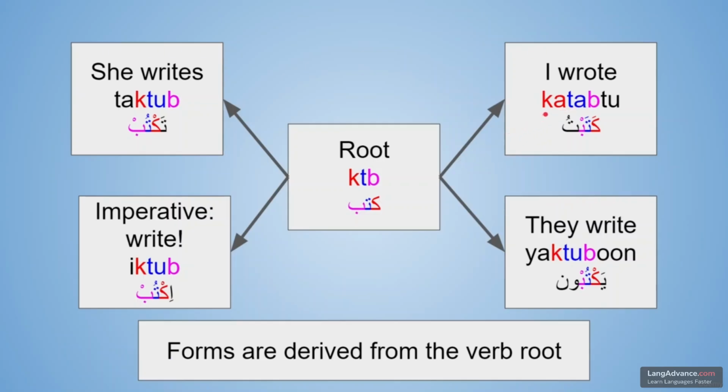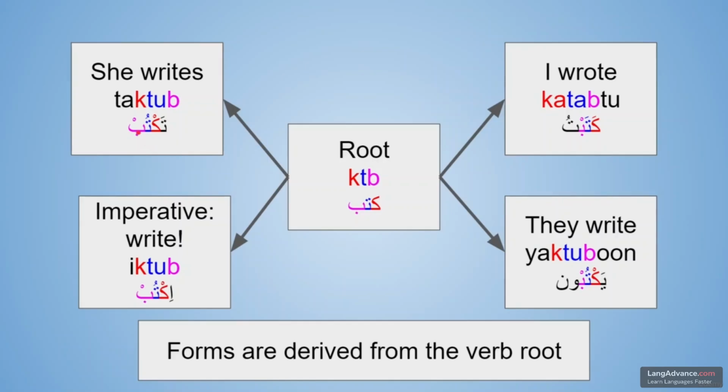So if we want to say "I wrote," katabtu. So it also has the ka, ta, ba. And then if we want to say "they write," yaktubun. Also the ka, ta, ba, but with a different template. And then if we want to say "she writes," taktub.